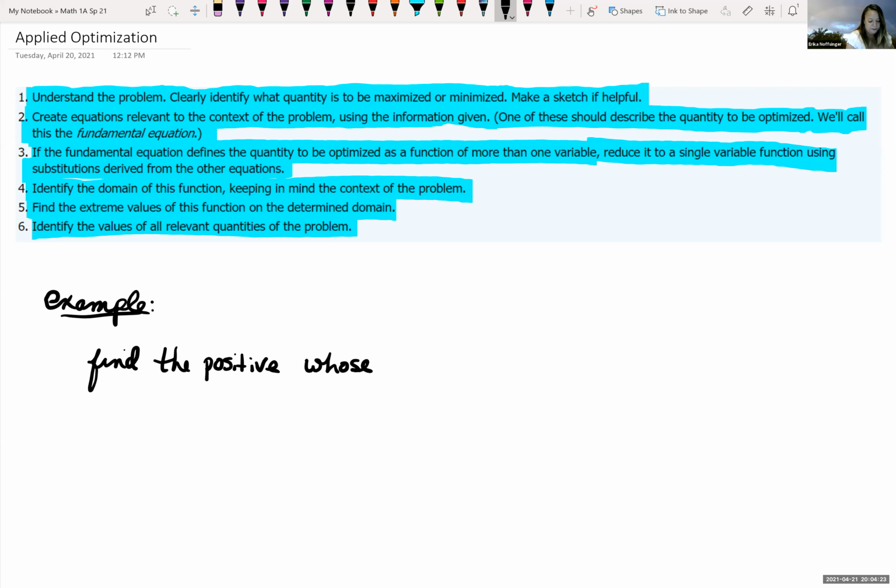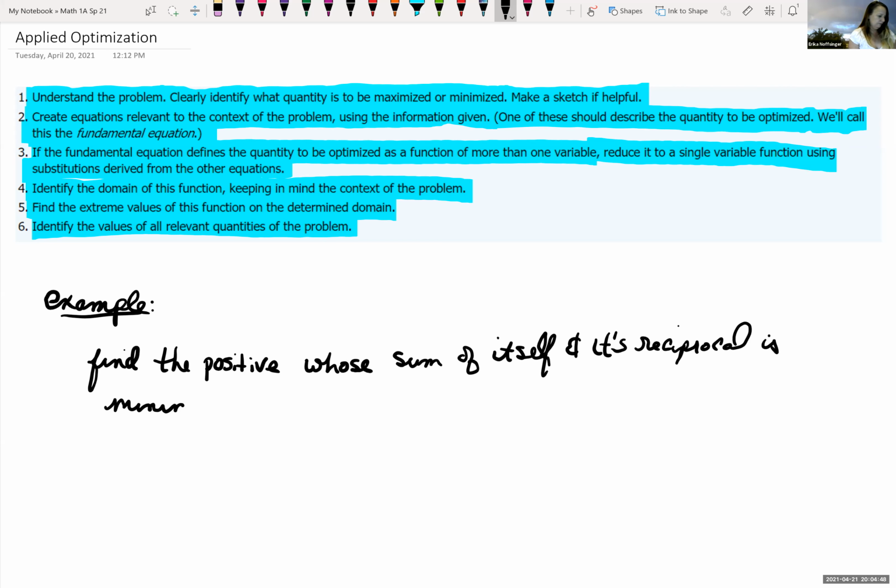Whose sum of itself and its reciprocal is minimized, smallest as possible. That is a minimum.